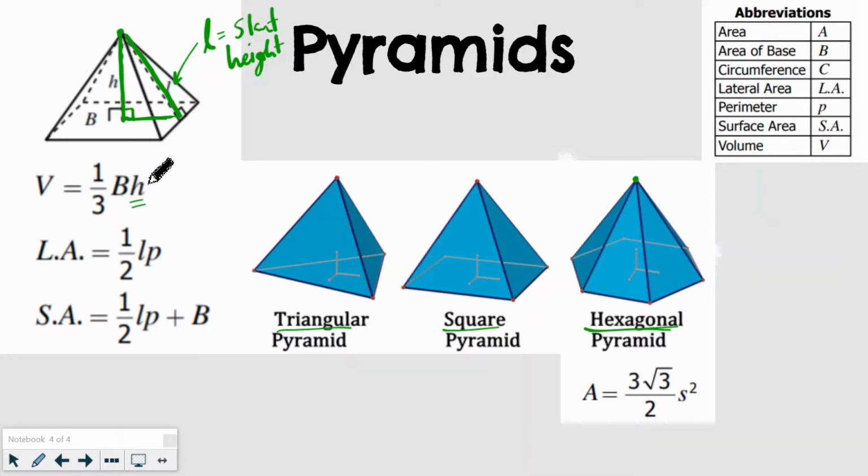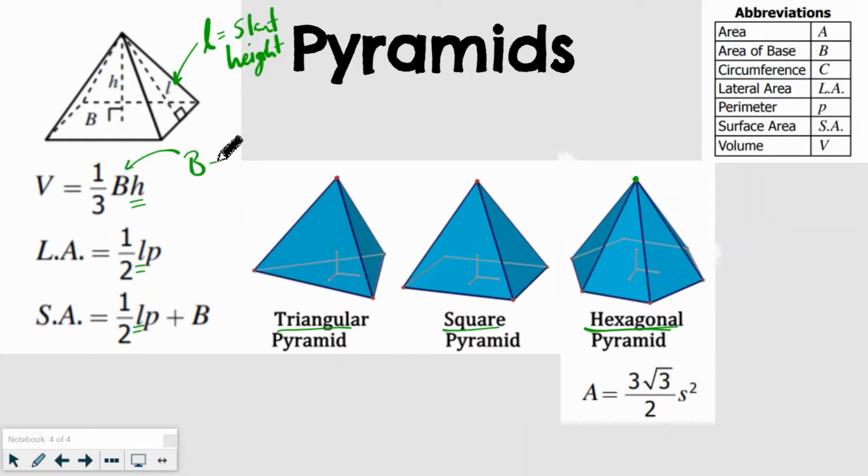The volume uses the straight up and down height, and the lateral area and surface area both use the slant height. Another subtlety to this equation, this base changes. So the B and the P don't change between these equations, but they're always referencing the base.